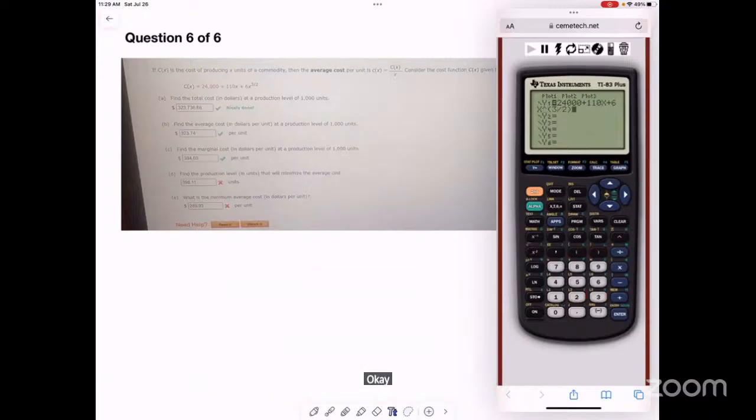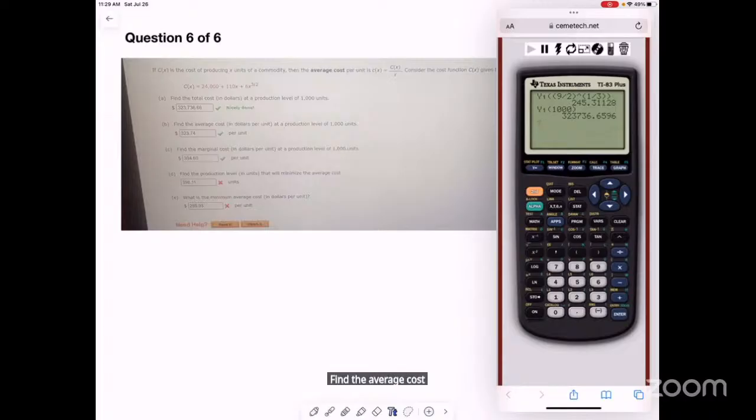Then I want to evaluate this when x is equal to 1,000. And we should get that 323,736.66 is good.